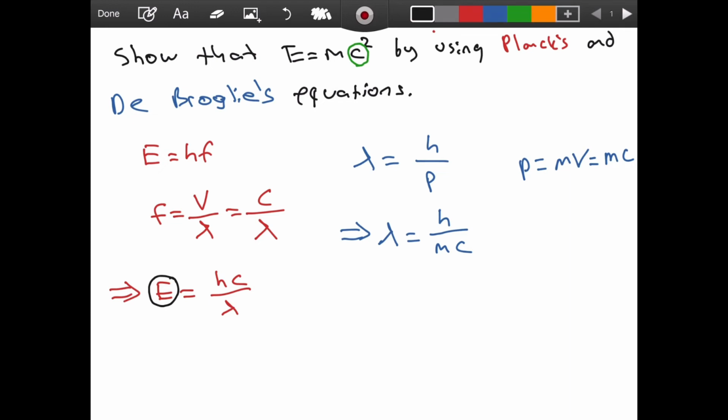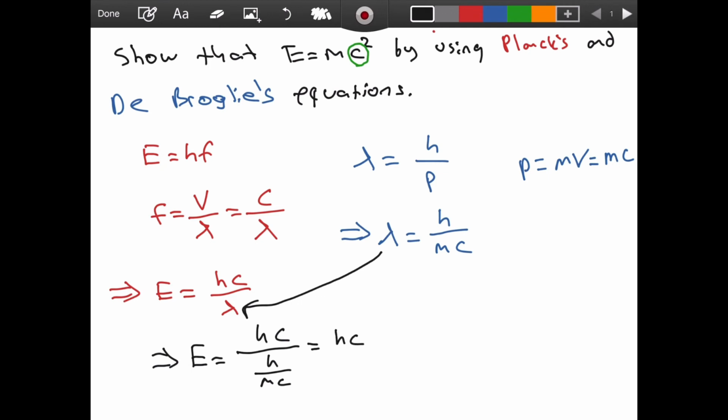So let's just substitute for lambda in the equation that we obtained from Planck's equation. So if we do that, we get that E is equal to h times c over h over mc. And of course, from basic math, we know that this becomes like this.